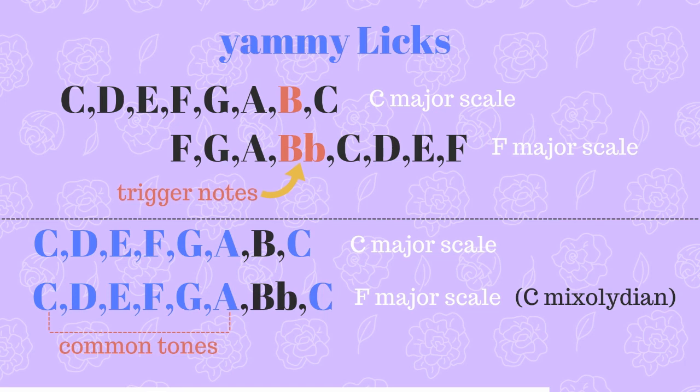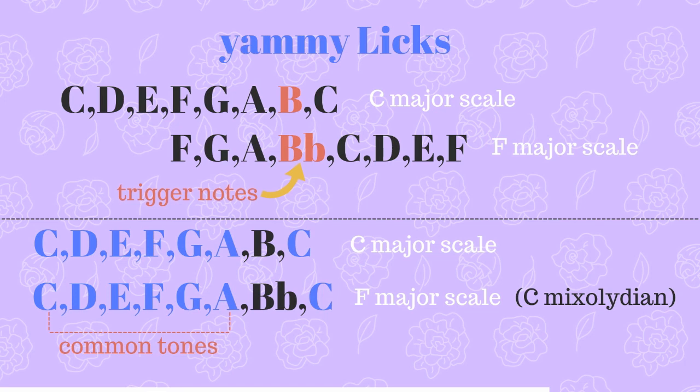All the other tones are common tones, and if we play the C major scale, the first 6 notes of the C major scale, the do, re, mi, fa, sol, la, those 6 notes are common to the C major scale and the F major scale also. The only difference is the B flat, which belongs to the F major scale, and the B natural, which belongs to the C major scale.